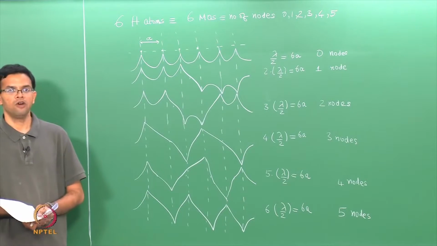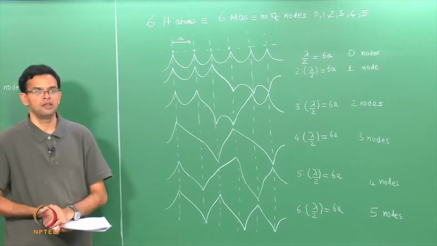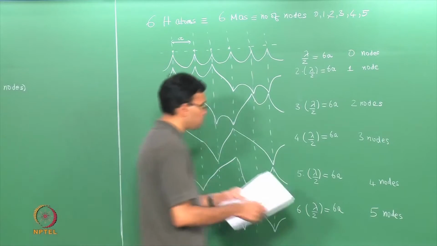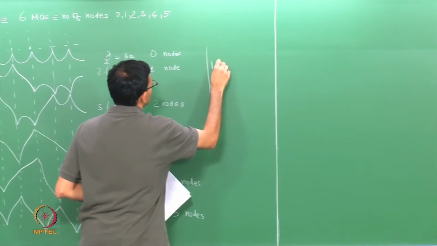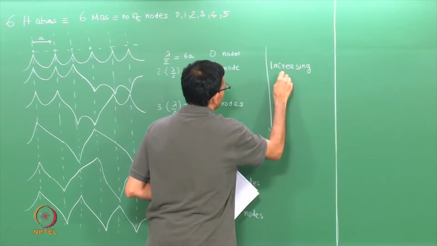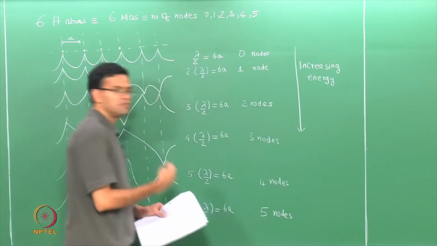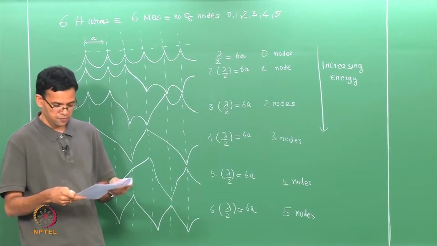So, in the case of 6 hydrogen atoms, these are your 6 molecular orbitals and they go in the order of increasing energy. The one with 0 nodes is the most stable, and then as we go down we essentially increase in energy.